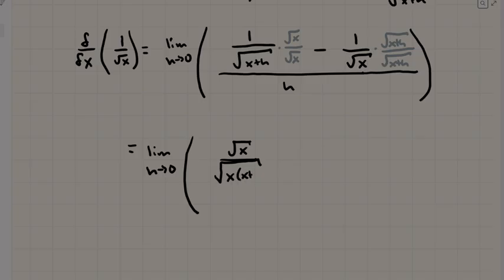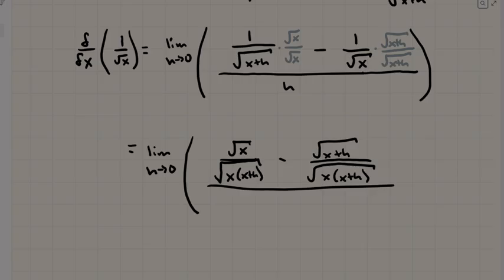So x times x plus h together under the square root. And then same thing, we got 1 times square root of x plus h divided by square root x times x plus h. Okay, that is all divided by h.